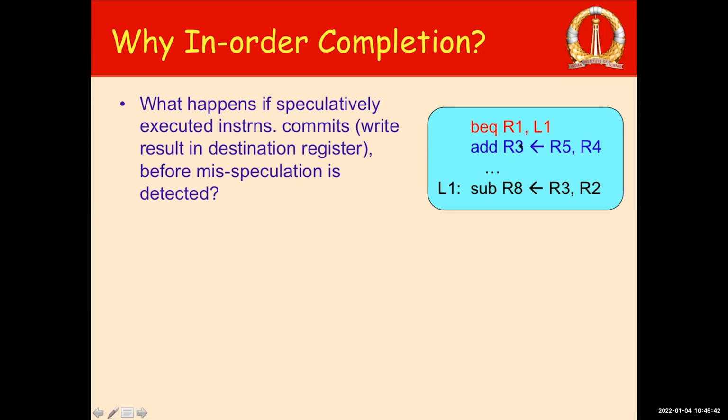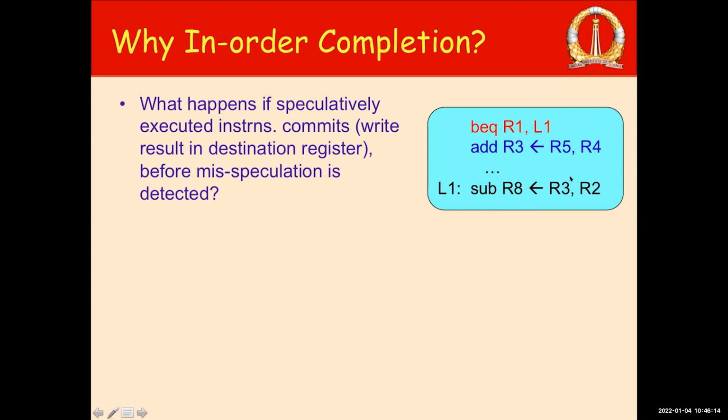Supposing you do allow that, and subsequently you figure out that this branch was predicted wrongly, and you should not have gone to the next instruction but should have jumped to the subtract instruction. Then it means that you have modified the R3 register through a speculative instruction, and you should not have, because the value of R3 has been lost, which was actually required for the subtract instruction, the correct instruction to be executed.